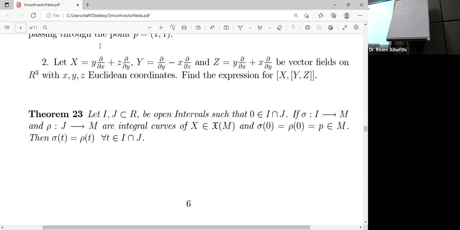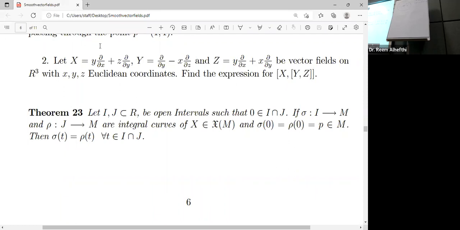There exists a small interval on which they coincide. That is local uniqueness of integral curves. That is this theorem 23. Do you have any questions? And again, the uniqueness is derived through what? Through the existence theorem of differential equations.